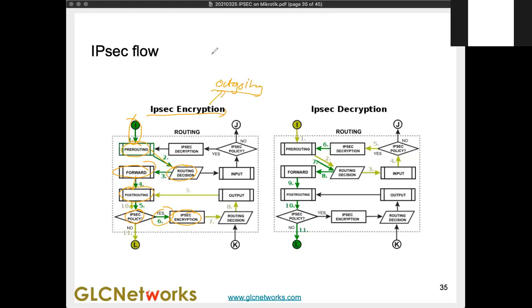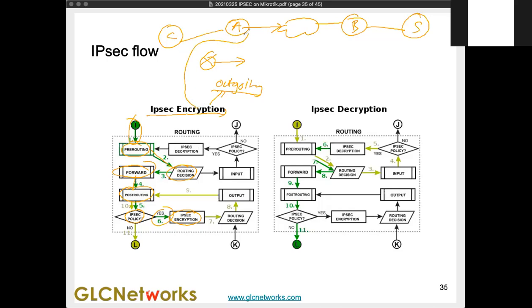When packets leave the router, we assume that we have router A, then the internet, and then router B, with IPsec between them. This is the client, and this is the server. Encryption happens on A at outgoing.